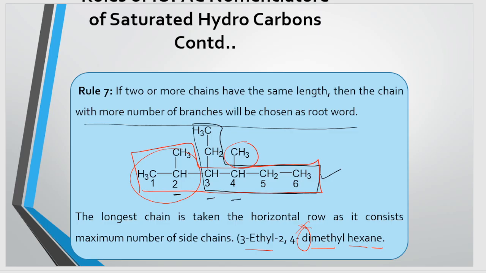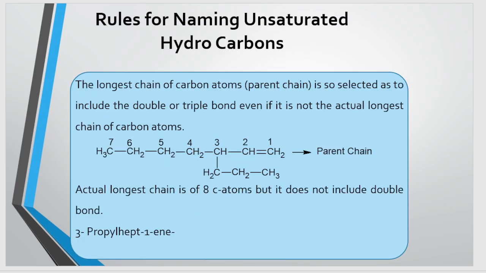Okay. Now suppose we consider the longest chain of carbon atoms, which is so selected as to include the double bond or triple bond, even if it is not actually the longest chain of carbon atoms. So after those 7 rules for the saturated compounds, now we are going to check the rules of naming the unsaturated hydrocarbons.